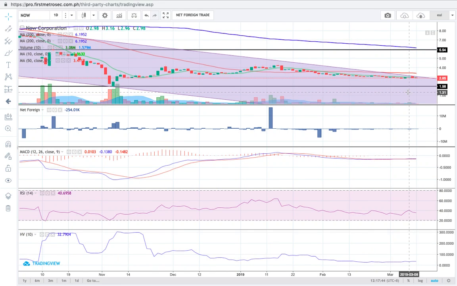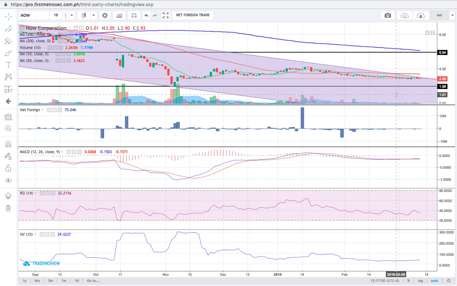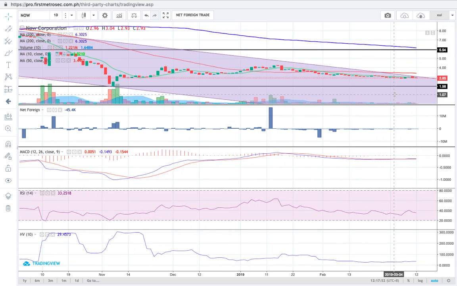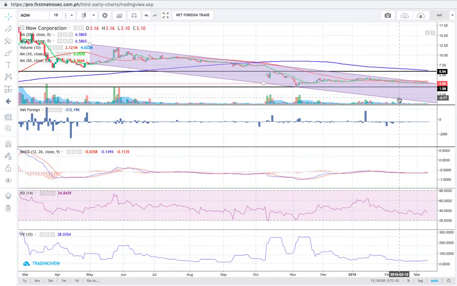I can't rely on the participation of the foreign investors because they are not actively trading Now Corporation as well. So it's just a game of volume now. As far as technical analysis is concerned, I'm particularly interested to see a spike in volume of Now Corporation, and if possible, in favor of the bulls. But for now, it's a bearish sentiment.